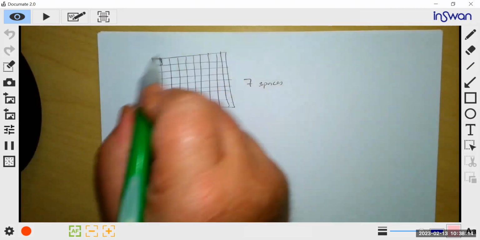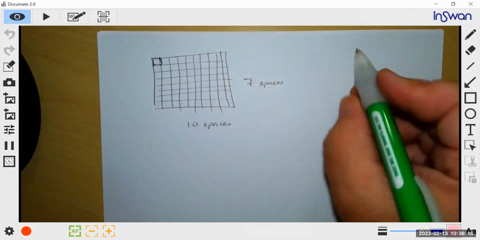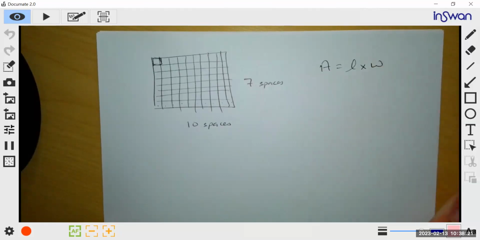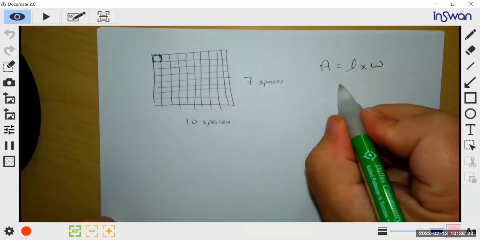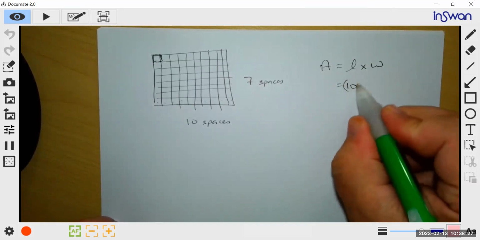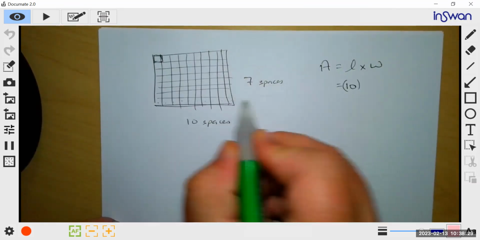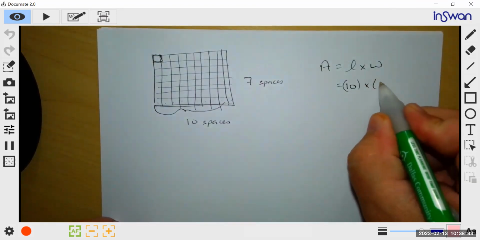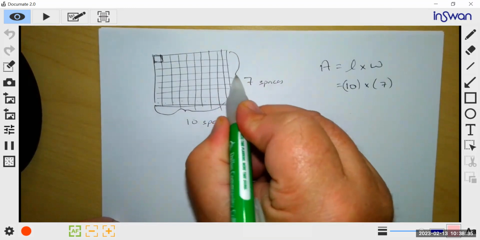So we're looking for the area inside this object. So we have length of 10 times the length of 7.